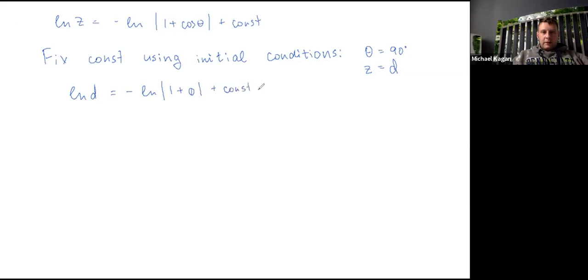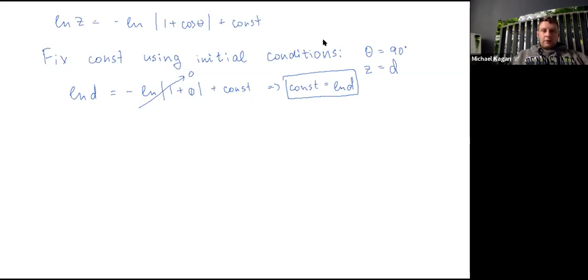So that fixes the constant for us. This whole thing is actually 0. So that means the constant is equal to ln of d. Too many letters, I agree. That's life.